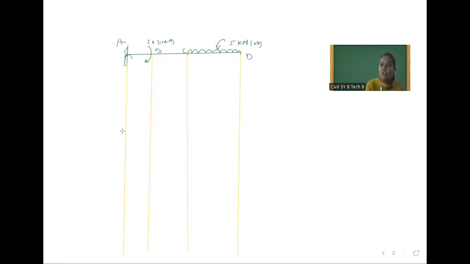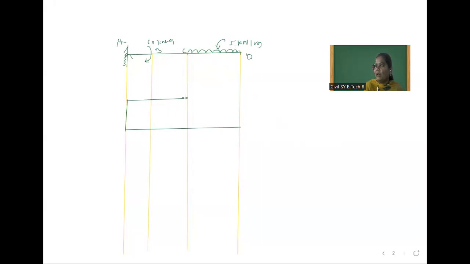So shear force values. All values are positive. Have you written or not? Okay, so shear force at A, 10 kilonewton. After that, this shear force is constant up to C point because there is no any force. And after that, in between C to D, uniformly distributed load is applied and shear force at D is 0.